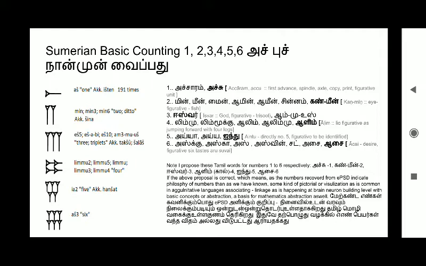A similar notion is also there while we play Pallankuri, where number 4 is called Pasu, the cow, naturally relating to its 4 legs.